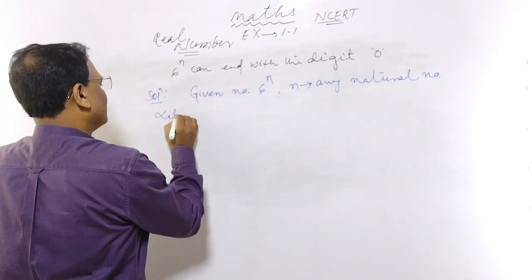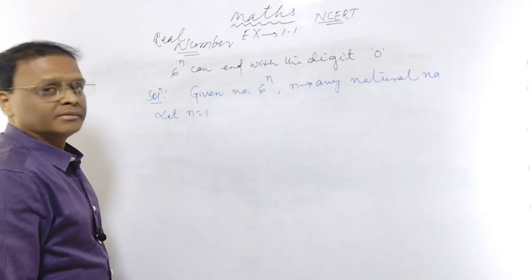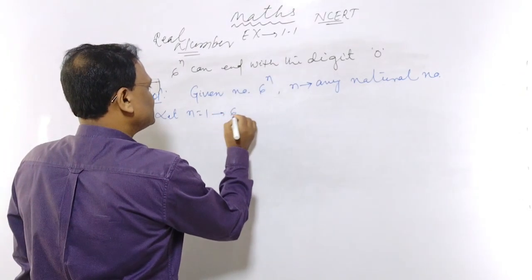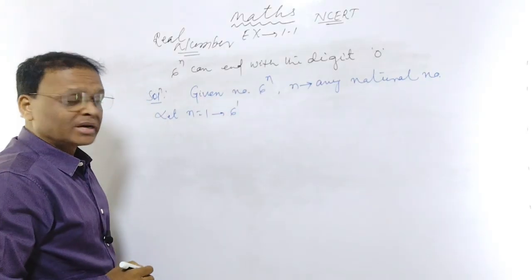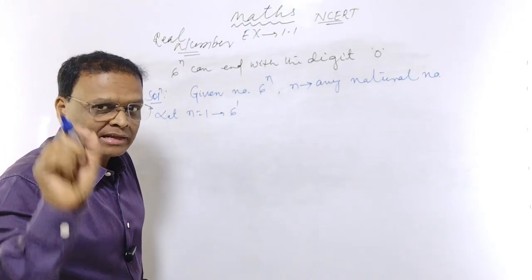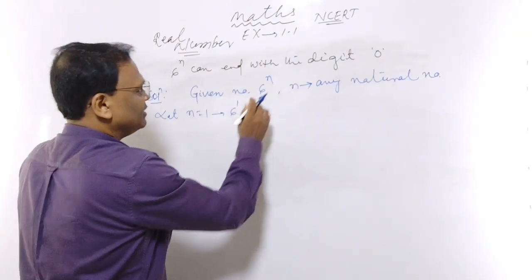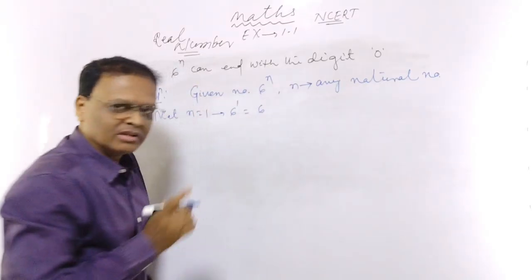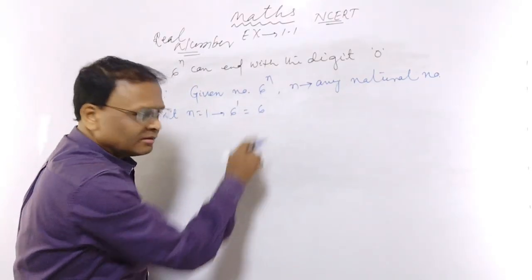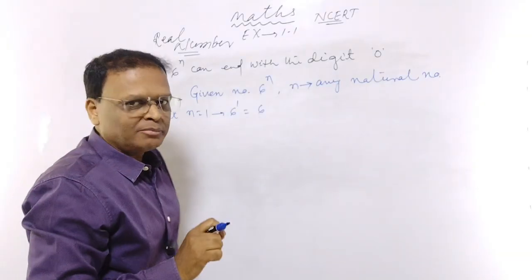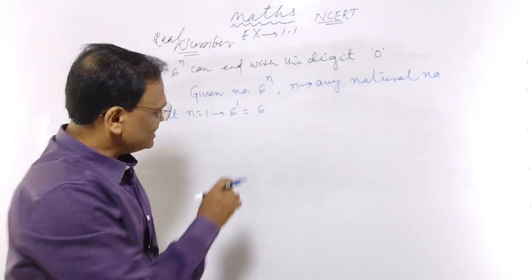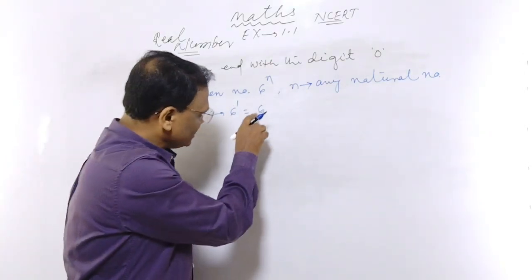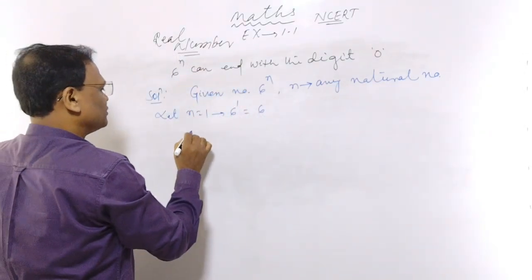Now let n equal 1. If I take n equals 1 and substitute, 6 to the power of n means 6 to the power of 1. In place of n, we are writing the first natural number. What is my answer? Only 6. So the digit ends with 6. That means if n equals 1, the digit ends with 6.